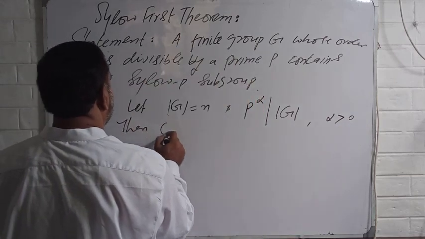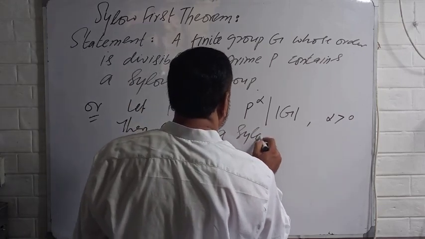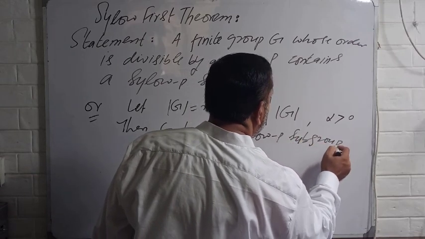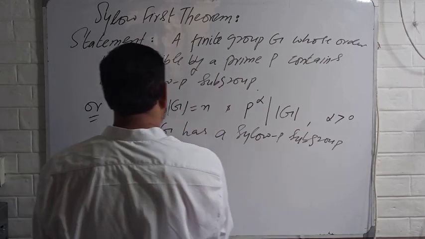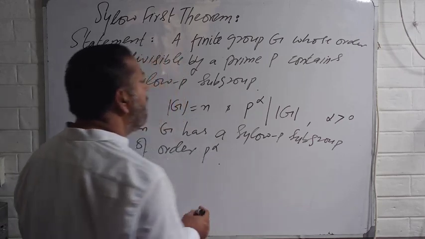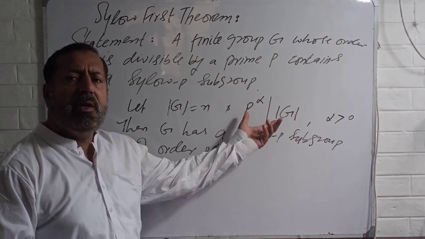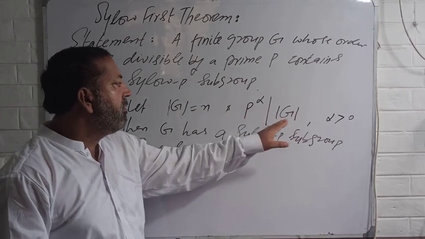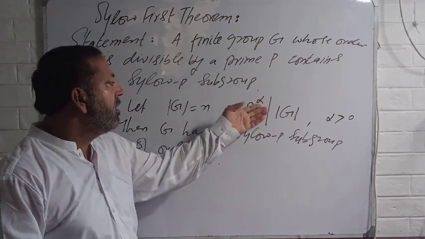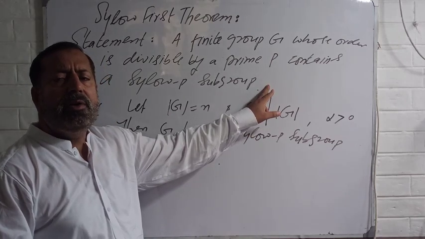Then G has a Sylow-p subgroup of order P power alpha. Of course, here I am saying that P power alpha is the highest power. This is very much trivial, that when I say P power alpha divides the order of G, I am considering the maximum power. Otherwise, I should write P power t, where t is greater than alpha.